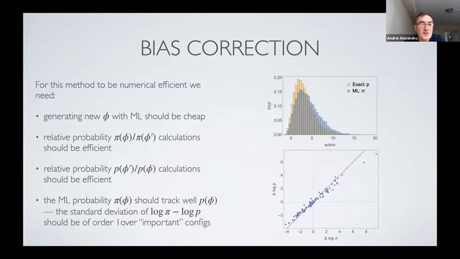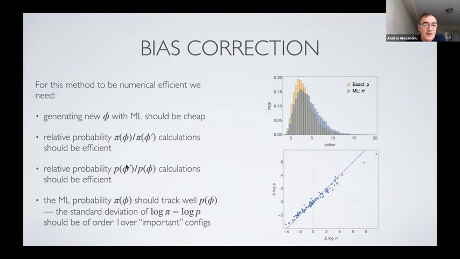For this method to actually be efficient, we need a few things. The first thing is that generating a new field from the machine learning method should be cheap, because otherwise it defeats the purpose. The second thing is to have a way to calculate the relative probability associated with the machine learning model efficiently.